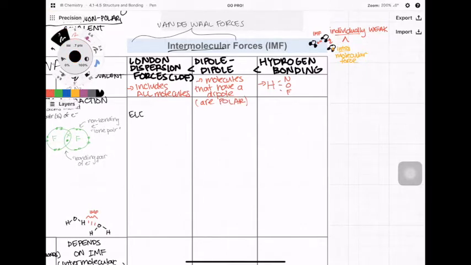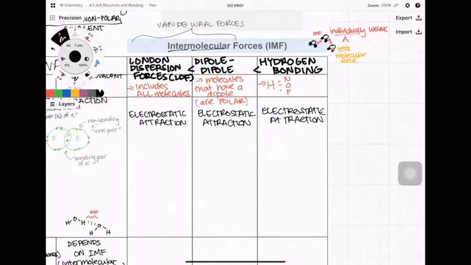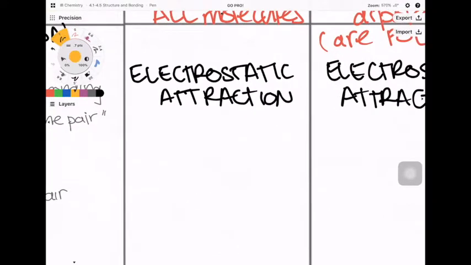So they're things that have a partially positive and partially negative place. And so these are polar molecules. And again, all of these forces arise because of some sort of electrostatic attraction. What differs between each of them is what the electrostatic attraction is between.